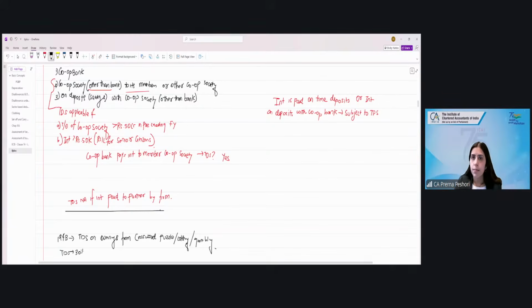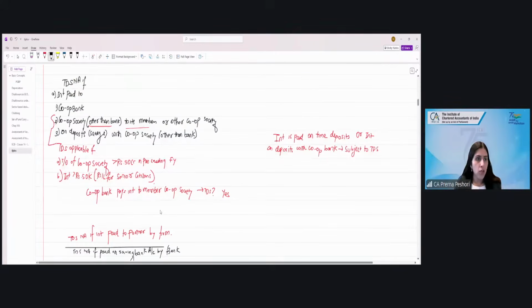Okay. Then TDS is not applicable in case of interest paid by a cooperative society other than a cooperative bank to a member, or income paid by a cooperative society to another cooperative society.